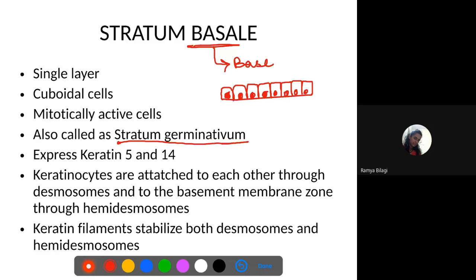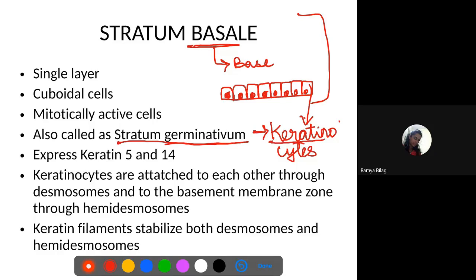So as I've already told you, every layer here majorly has keratinocytes. So until and unless I mention otherwise, it is implied that I am talking about keratinocytes. Keratinocytes, as the name itself suggests, have keratin.